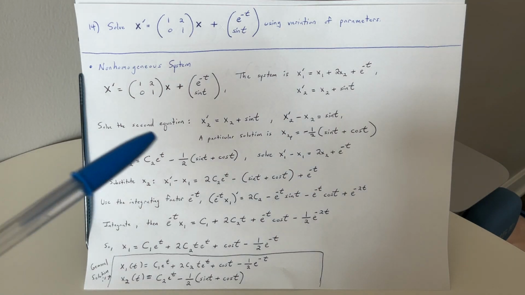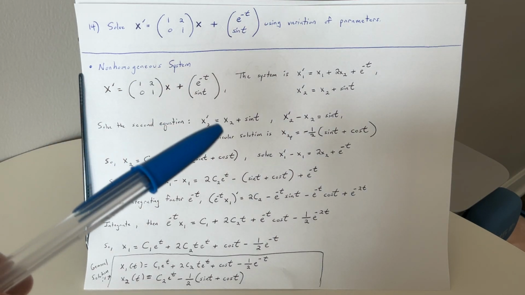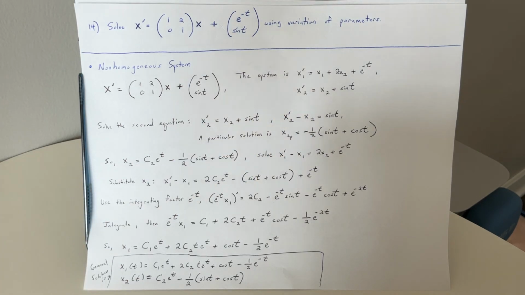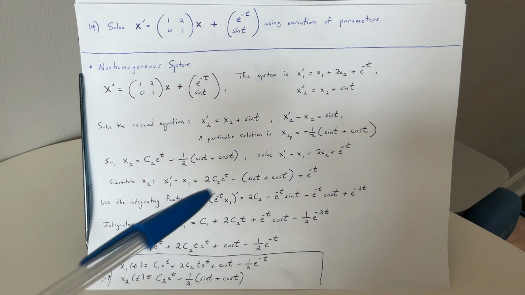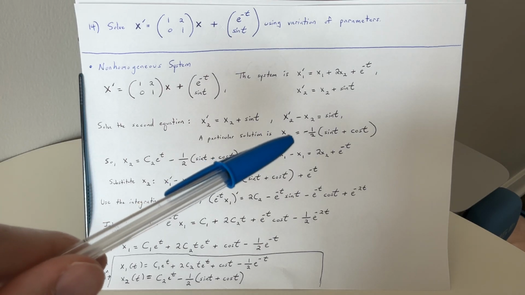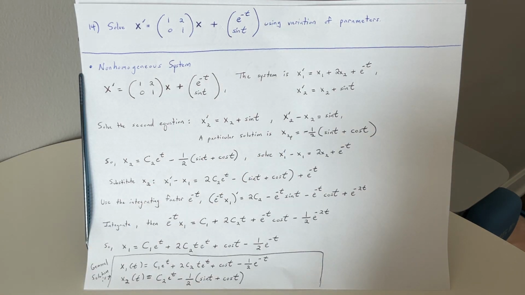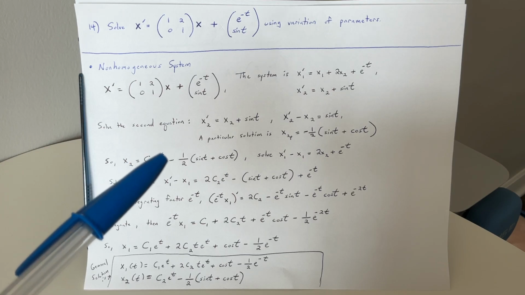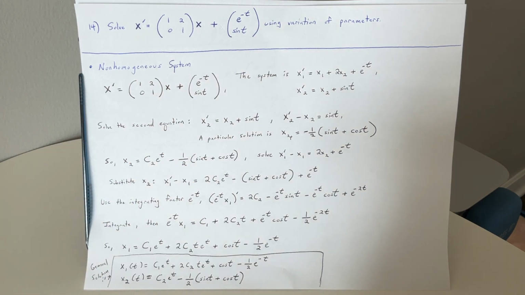Solving the second equation, x sub 2 prime minus x sub 2 equals sine t. A particular solution will be x sub 2p equals negative 1/2 times the quantity sine t plus cosine t. So x sub 2 equals c sub 2 e to the t minus 1/2 the quantity sine t plus cosine t.